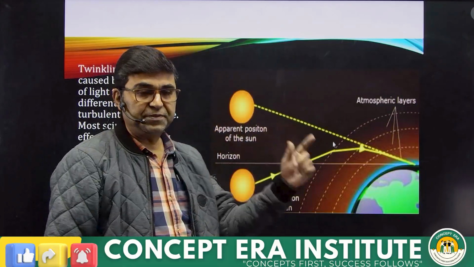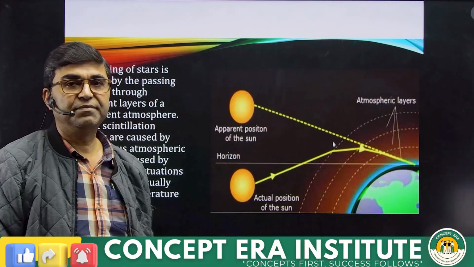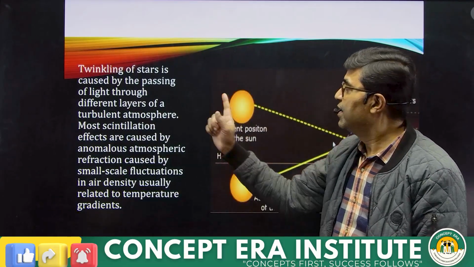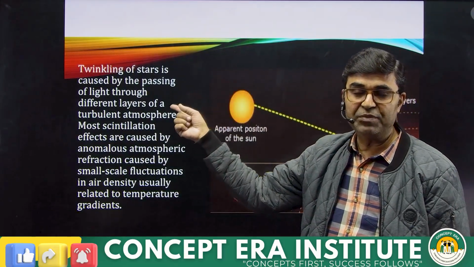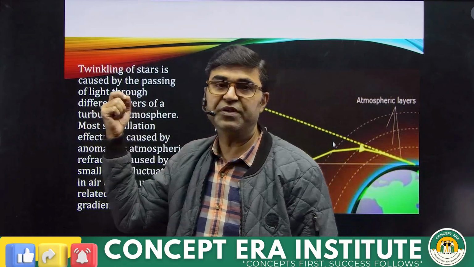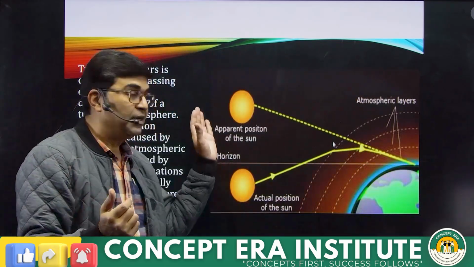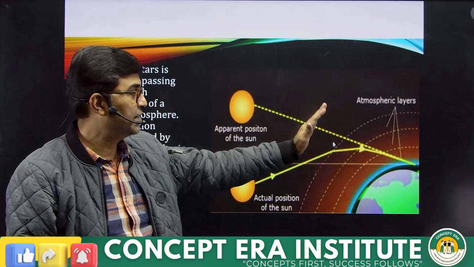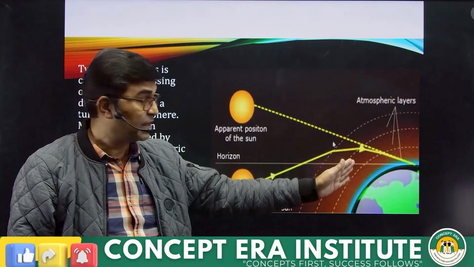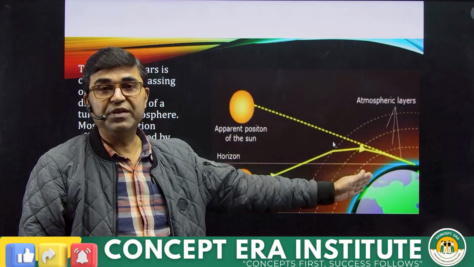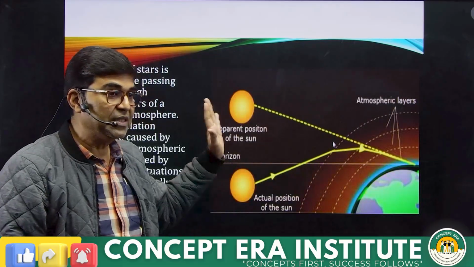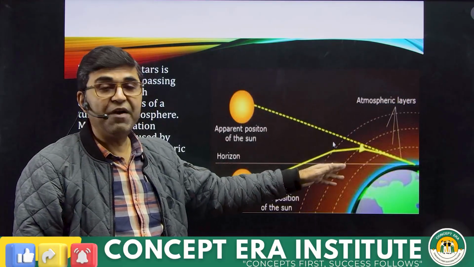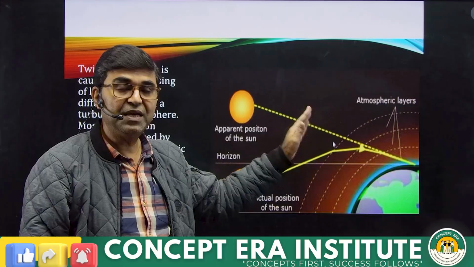Twinkling of stars. Why do stars twinkle? Twinkle, twinkle, little stars. Remember that? The light coming from the star enters the atmosphere, and due to the difference in the refractive indices of the vacuum and the atmosphere, the light bends, but different layers of atmosphere have different densities. So each subsequent layer, which is below the above layer, will be having a density slightly higher than the above layer.